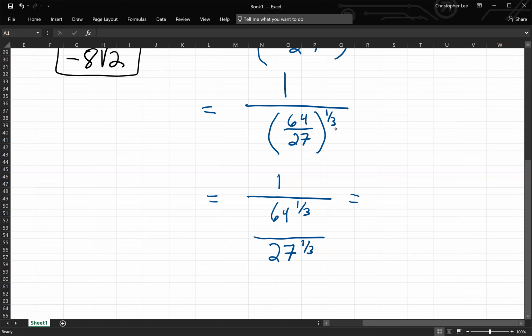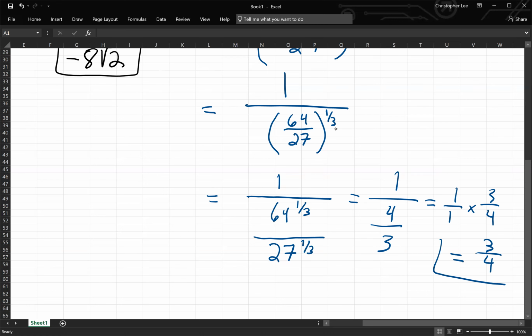That's it, right? So this is 1/4. What's 27 to the 1/3 power? Close. 3. Right? And then after this, you want to keep change flip. So 1/1 times 3/4. Multiply straight across. So final answer, 3/4.